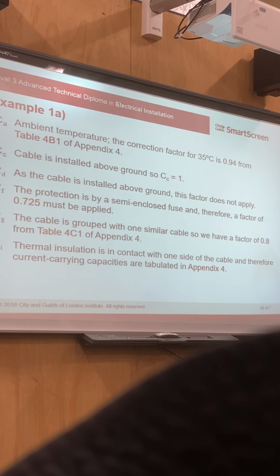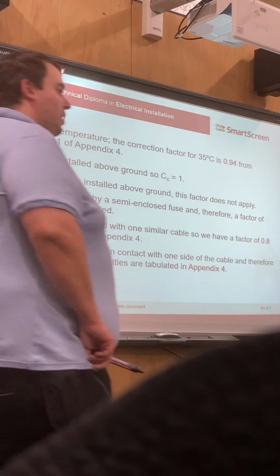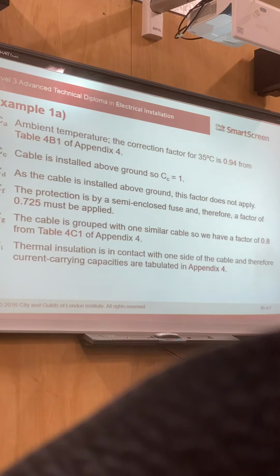Okay, so what we can now do is apply these factors to the rating of our protected device. That only stated that you clip to the side of the joist. You're assuming that it's clipped to the bottom of the side of the joist with that. It said that it was affected by the insulation, didn't it? Okay, so it would be the bottom.